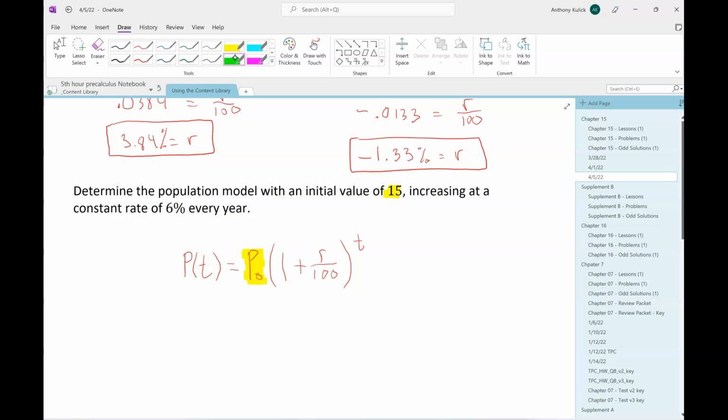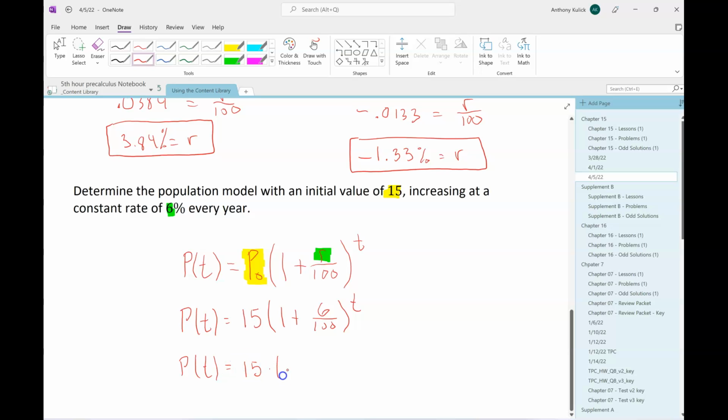What should be the value for r? 6 is correct. And if we choose to simplify, we would write 15 times 1.06 to the t.